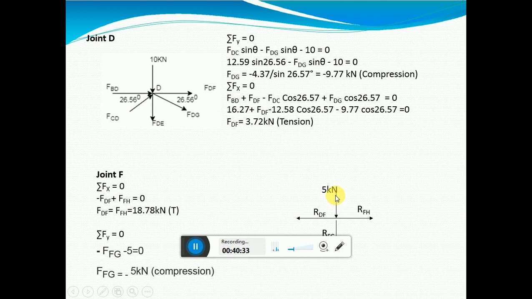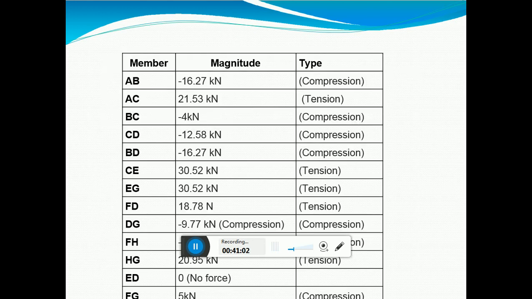Summation Fy is equal to 0, that is RFG minus 5. So RFG, or FFG, it's written as RFG here, FFG is equal to minus 5 kilonewton, which is found in compression. So the sign is different.